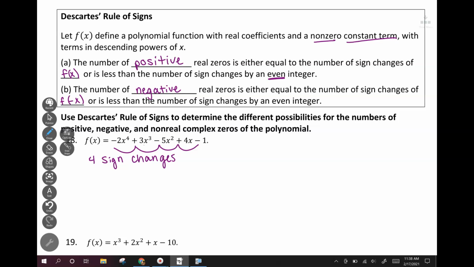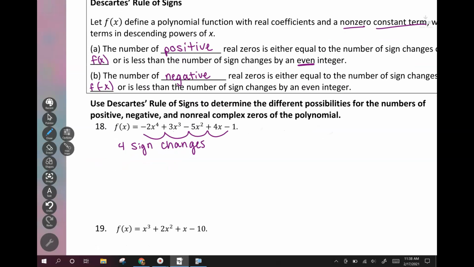Okay, so 4 sign changes. So what does that mean? So looking at A, the number of positive real zeros is either equal to the number of sign changes of f of x. So since there's 4 sign changes, that means that there are potentially 4 positive real zeros, and then it says or is less than the number of sign changes by an even integer.